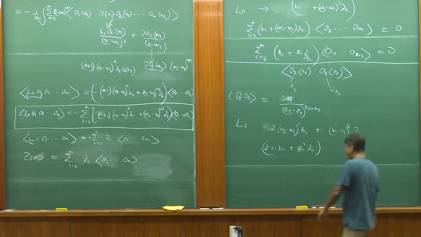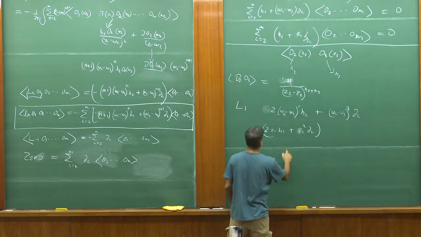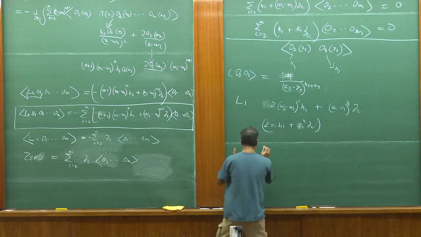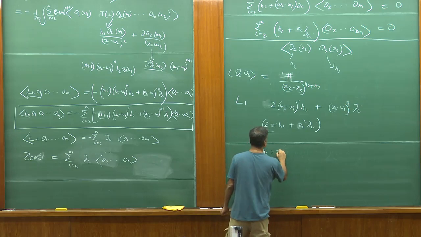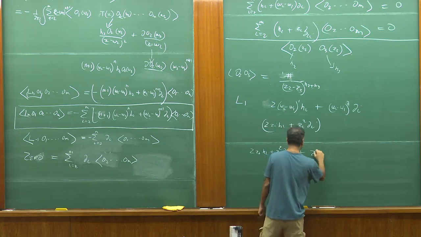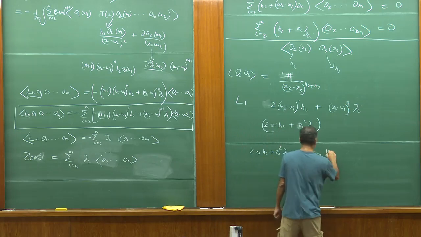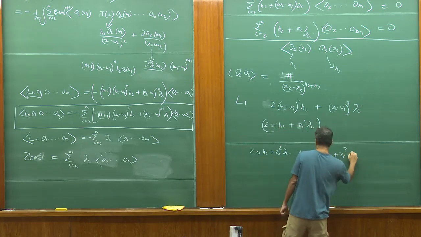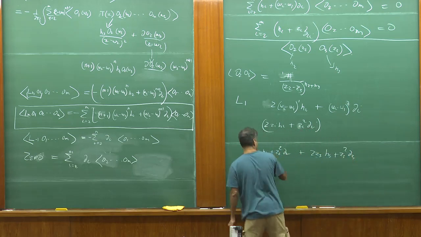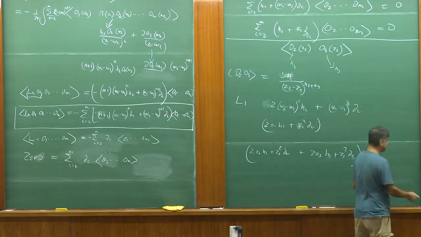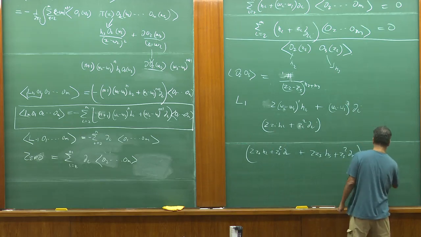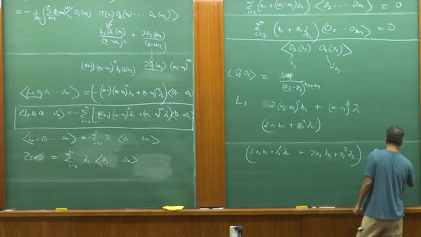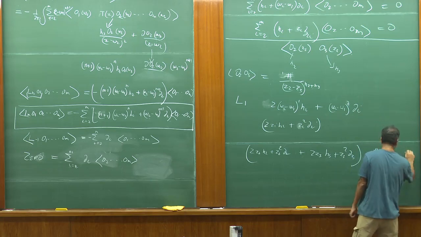Okay, let's write this down really explicitly. This is 2 z2 h2 plus z2 squared del_2 plus 2 z3 h3 plus z3 squared del_3, acting on what we already know it takes as a form, some number times z2 minus z3 to the power of h2 plus h3. This has to be equal to 0.